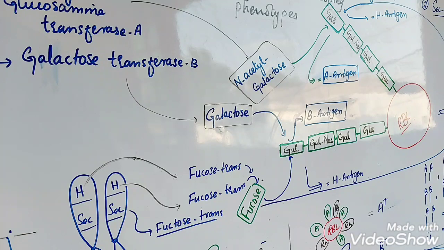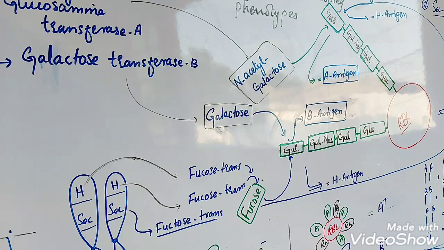How did it happen? Because both of these transferase A and transferase B are not getting their substrate for the addition of N-acetyl galactosamine or galactose. RBCs have only a chain of oligosaccharides. Why are the oligosaccharides not converting into the H substance? Because of recessiveness of H gene. And H gene synthesizes fucose transferase.